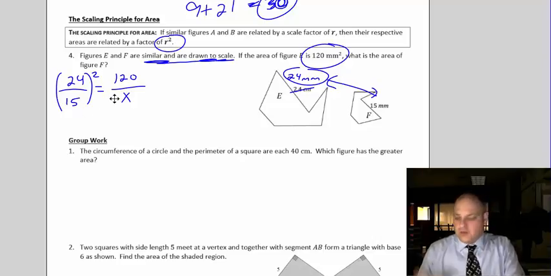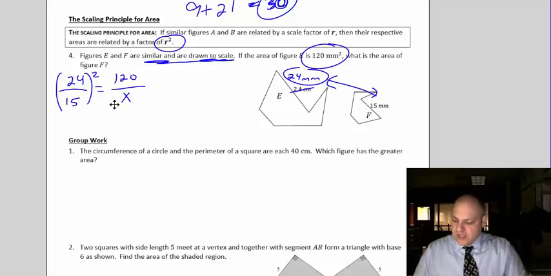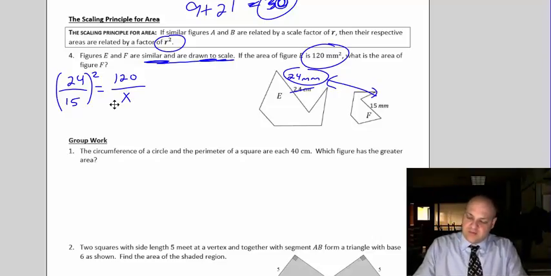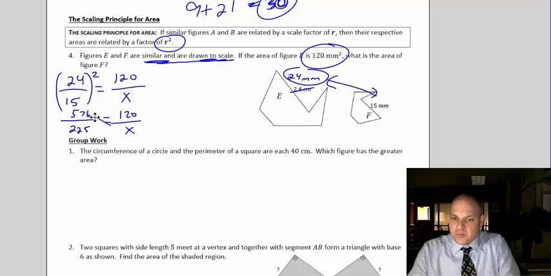All right, so now we're going to do a proportion here. And I just did this ahead of time to save us time. We have 576 over 225 equals 120 over x, and then do that cross multiplying, right?